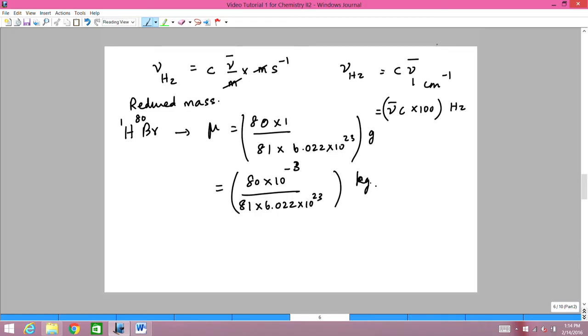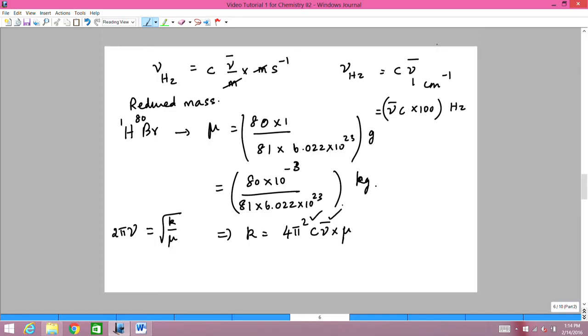Okay. So, given then nu is equal to 2 pi nu is equal to square root of k by mu, you get immediately k is equal to 4 pi square C nu bar, because that is nu, times mu.